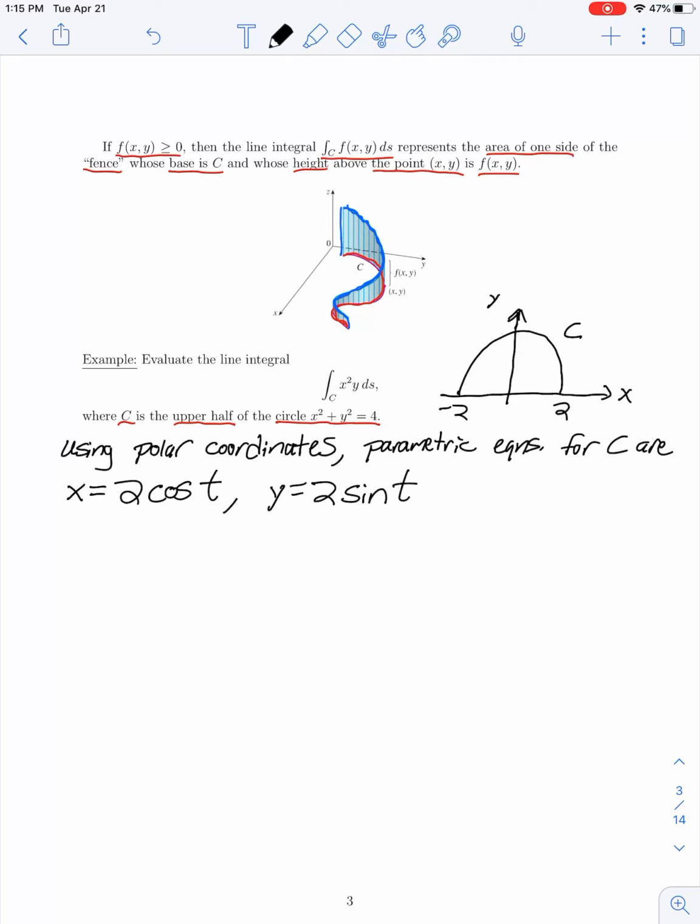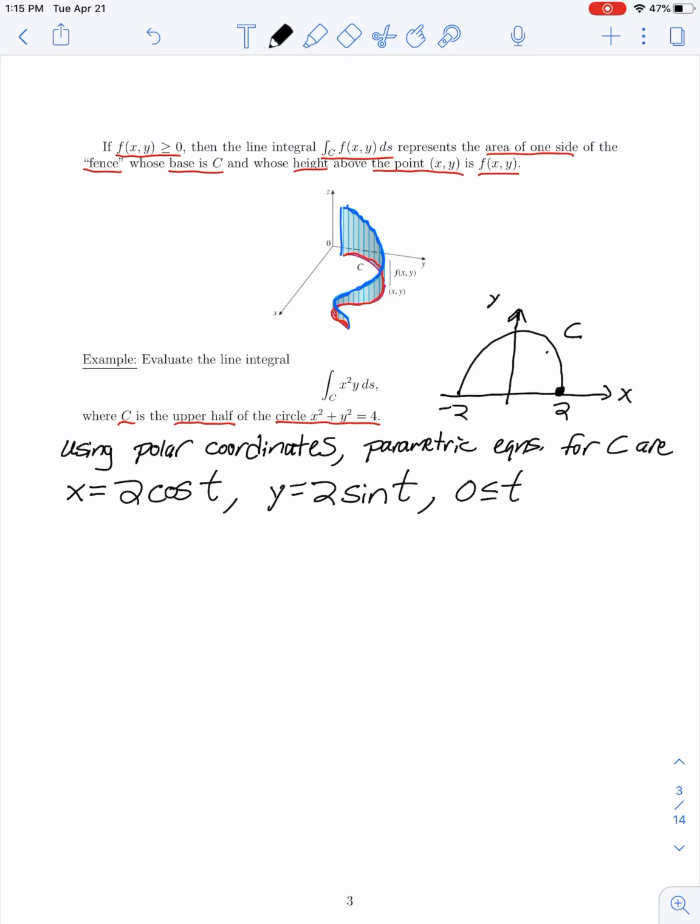And let's think about the range of our parameter value t here. To trace out the top half of our circle, we could move from theta equals 0, that is the point (2, 0), or t equals 0.